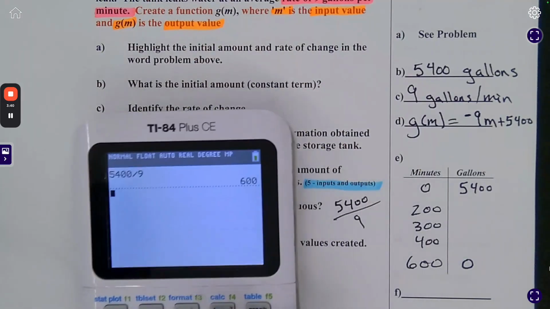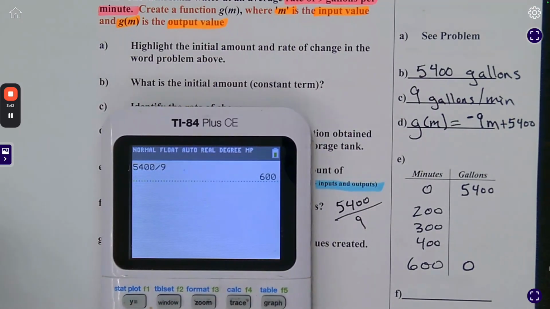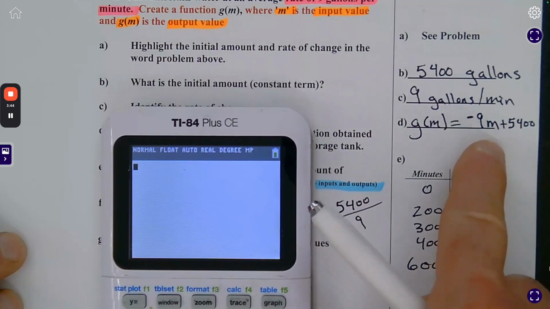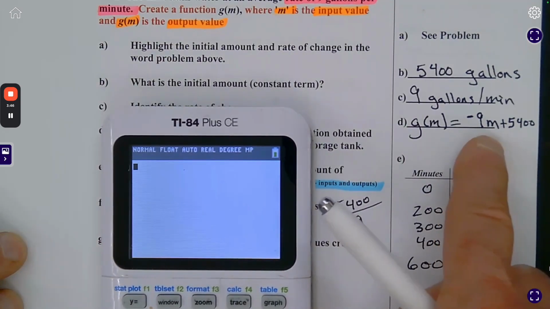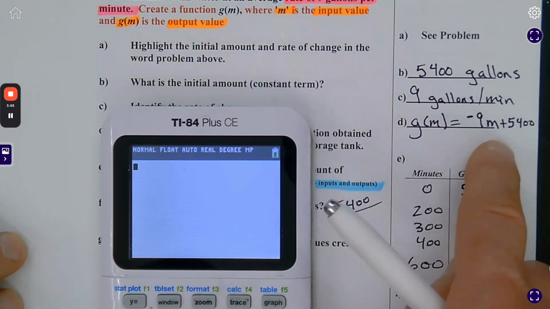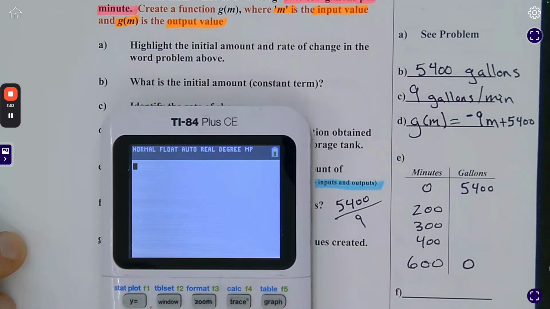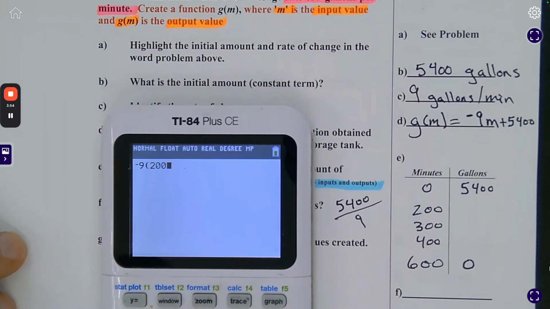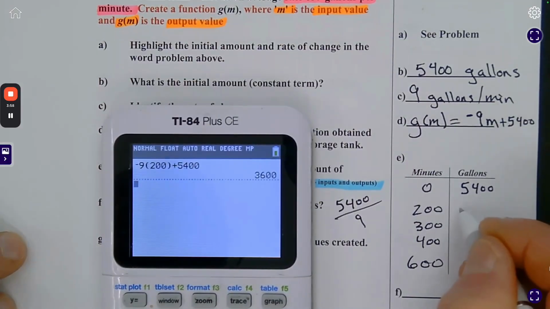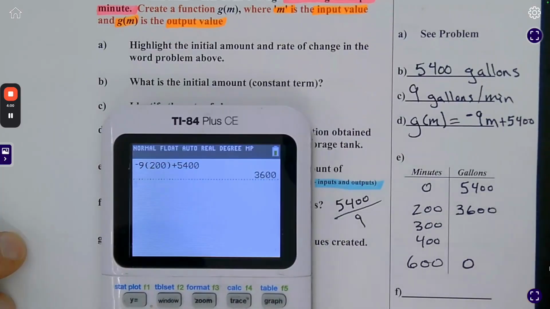Now I'm just going to input those into my function one at a time. So I'm going to put those in for minutes, right? M is minutes. And then when I'm done calculating that, that'll give me the amount of gallons left. So I'm going to do negative 9 times 200 plus 5,400. I would have 3,600 gallons left.